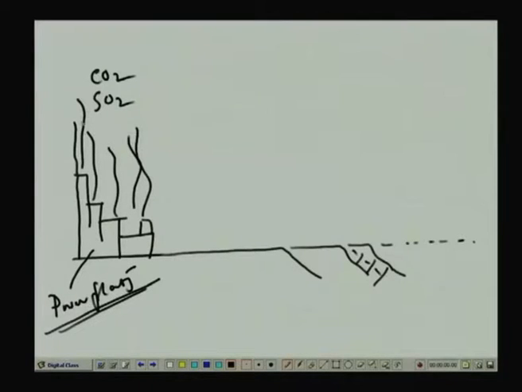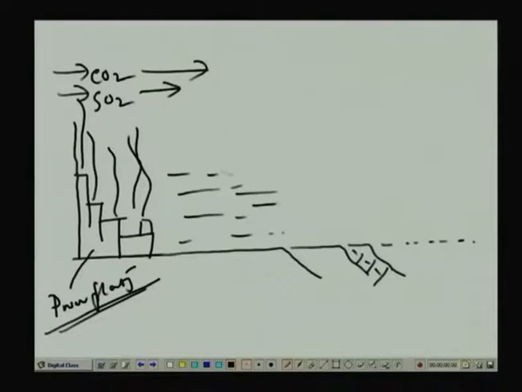This CO2 and SO2 would essentially be carried by the wind current that would be flowing like this. If it is not, there is what is called dry deposition.